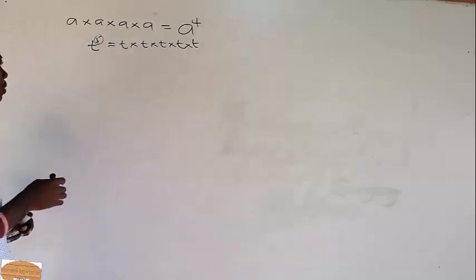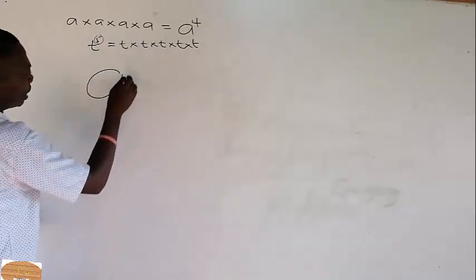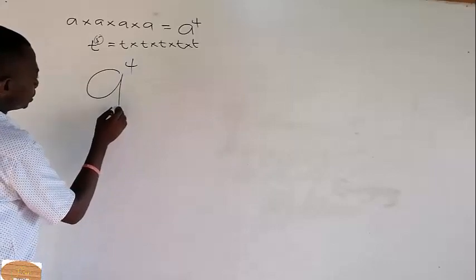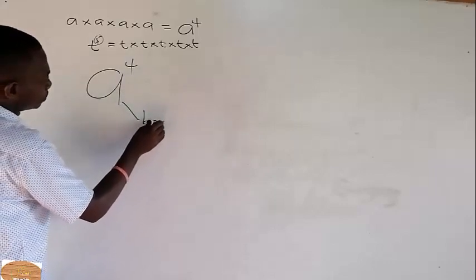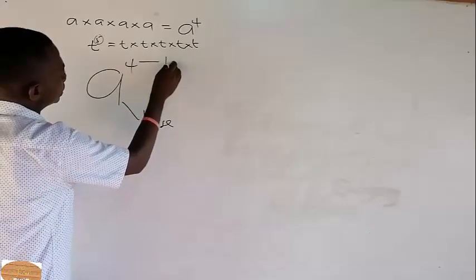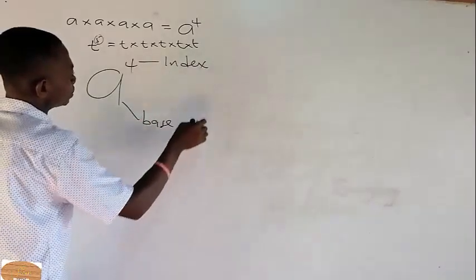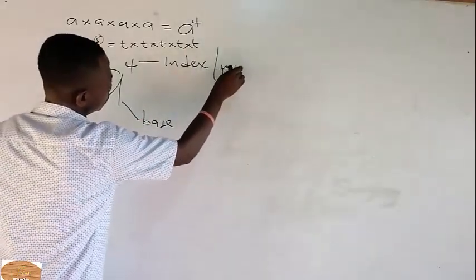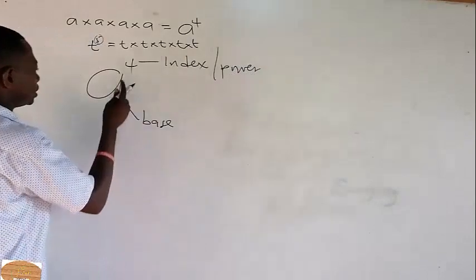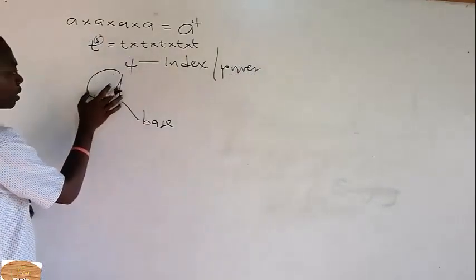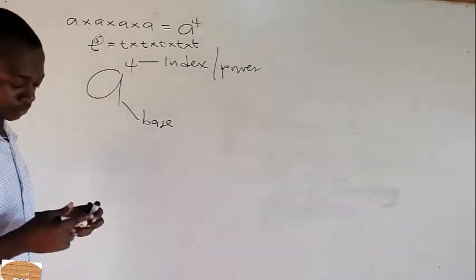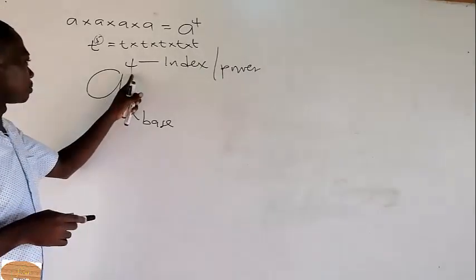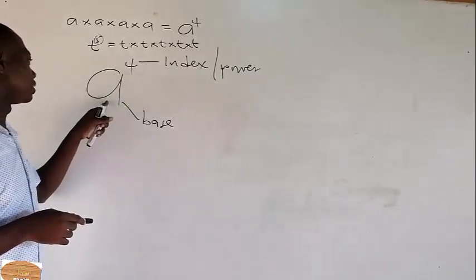So we call the down one base and this one index, or power. So this one means that A is multiplying itself 4 times.